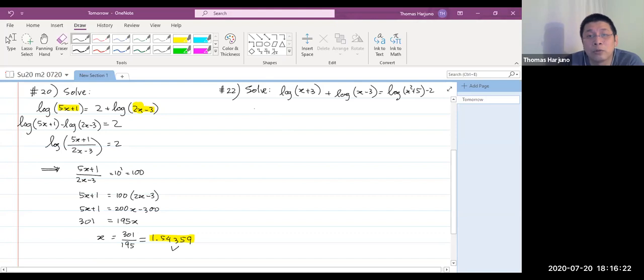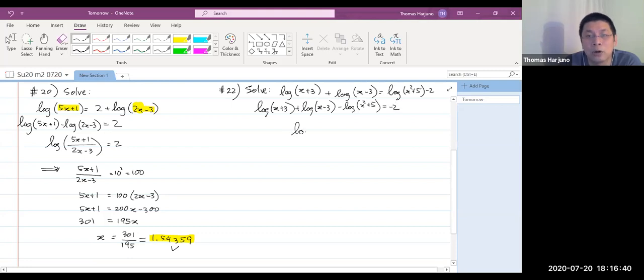Okay, let's put them together on one side. Log x plus 3 plus log x minus 3 minus log x squared plus 5 equals -2.